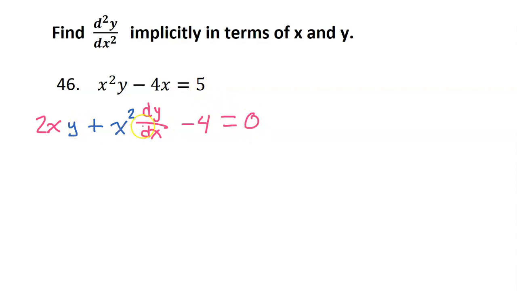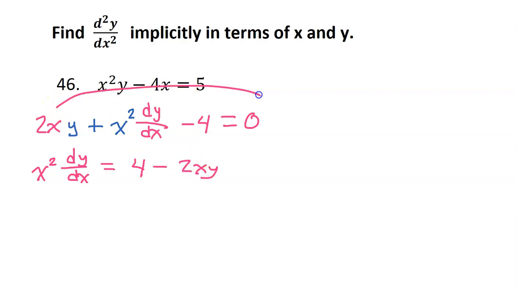So let's go ahead and get dy/dx by itself. I am going to subtract 2xy from both sides, and I'm going to add 4 to both sides. So that will give me x squared dy/dx over here by itself is equal to 4 minus 2xy, right?